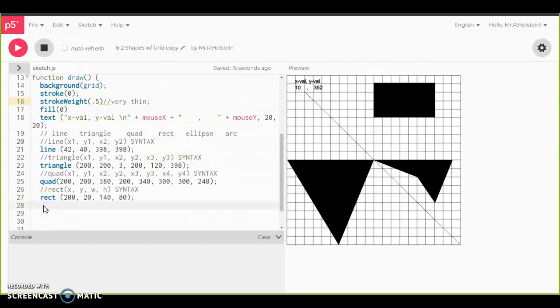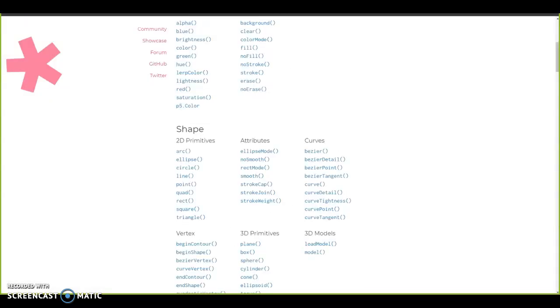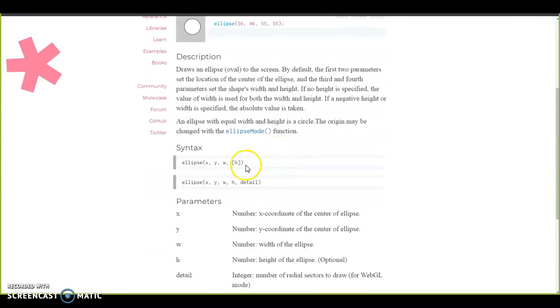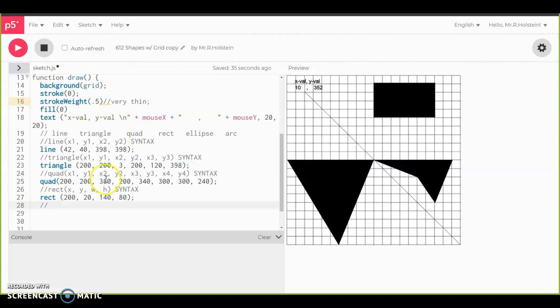So I'm going to line 28. I'm going to make it a comment, but I need to get into the reference and find my ellipse, and find the syntax. So let me copy that. Come back here. Make it a comment. The word again is syntax.